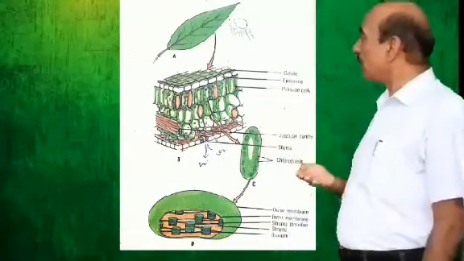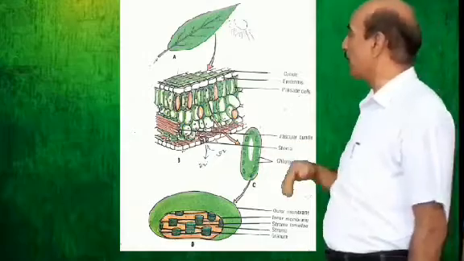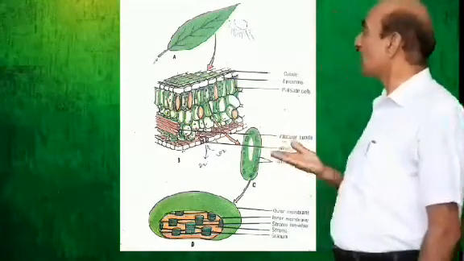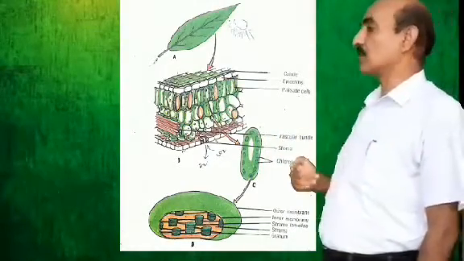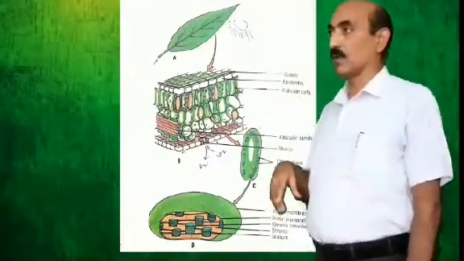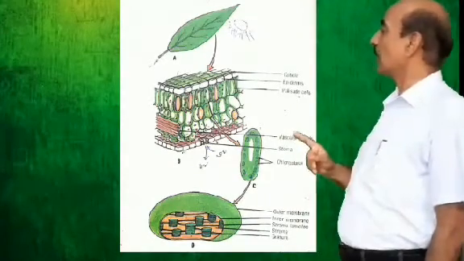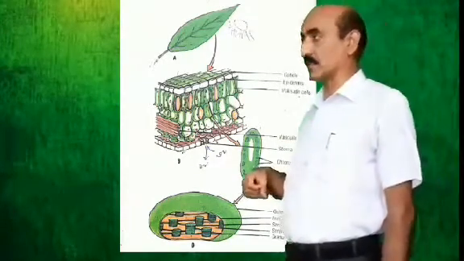Now, near the lower epidermis, that is on the dorsal surface, there are tiny pores that are called stomata, through which gaseous exchange occurs.